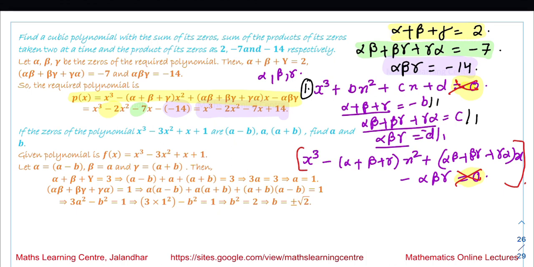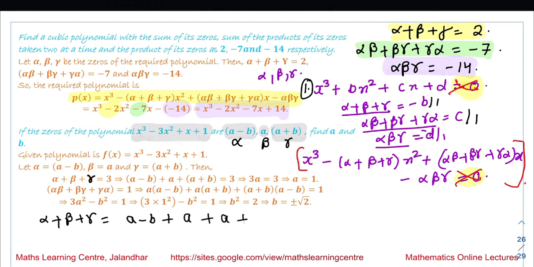Next, this polynomial is given to us, and we are saying its zeros are a minus b, a, and a plus b, and we have to find a and b. Suppose this is alpha, this is beta, this is gamma. So alpha plus beta plus gamma is equal to a minus b plus a plus b.